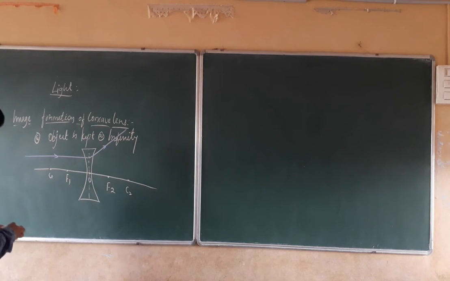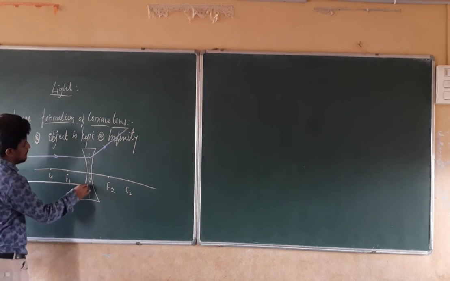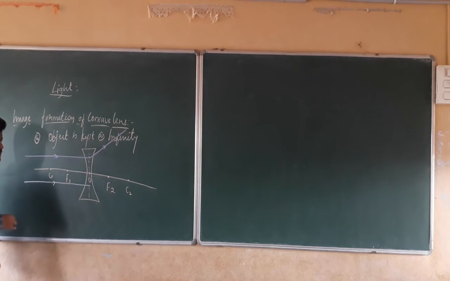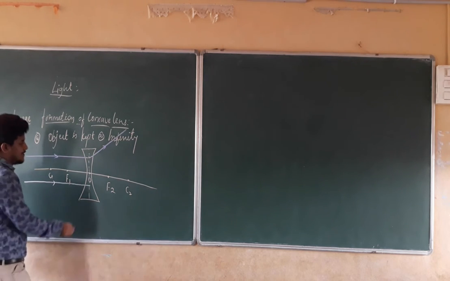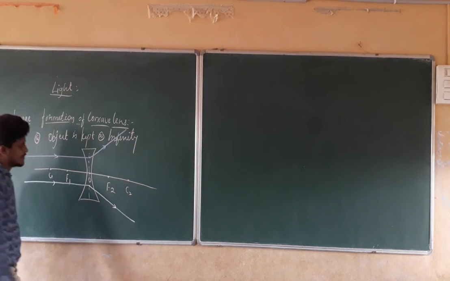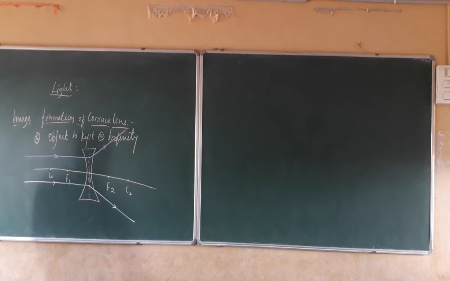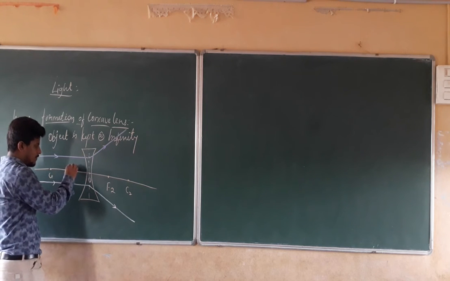The same way, if you take another light ray which is coming parallel to the principal axis, on refraction, what will happen to this light ray? On refraction it is also going to go diverging like this. When you check the point of diverging, they tend to come from one point.